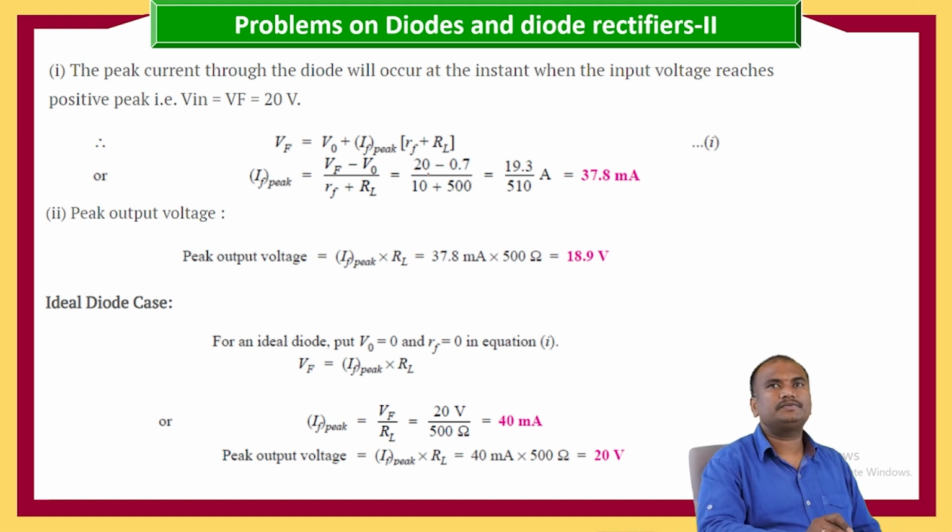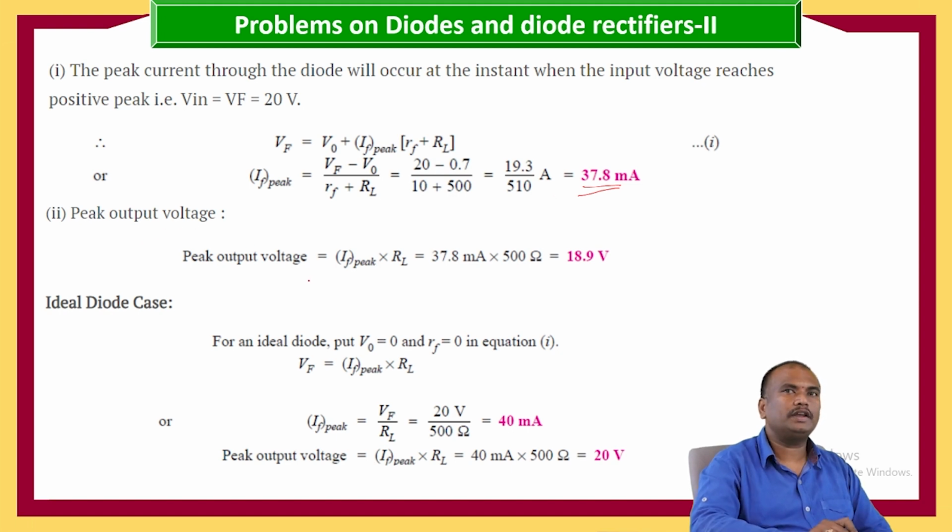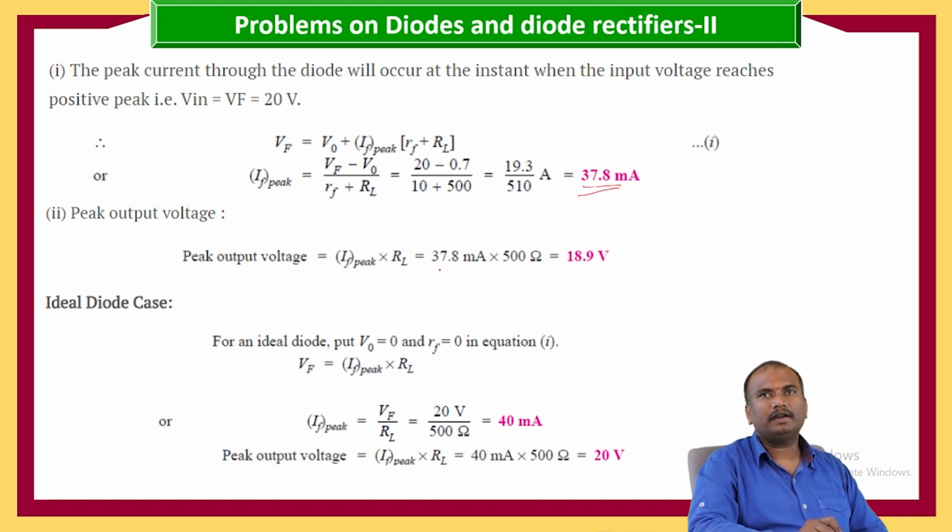Here the Vf value is 20 volts and V0 value is 0.7. 20 minus 0.7 by 10 plus 500 gives us the value as 37.8 milliamperes. And peak output voltage is I peak into RL, which is 37.8 milliamperes into 500 ohms, which is equal to 18.9 volts.